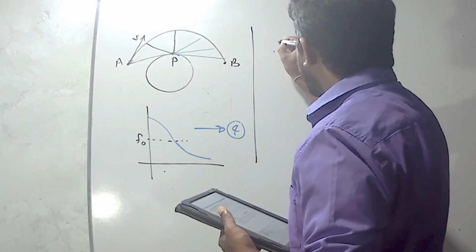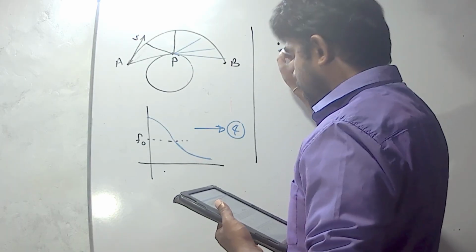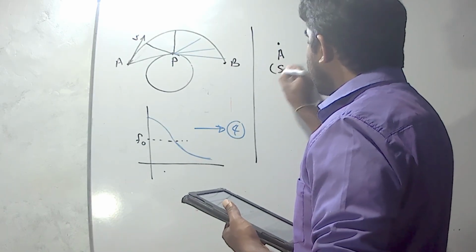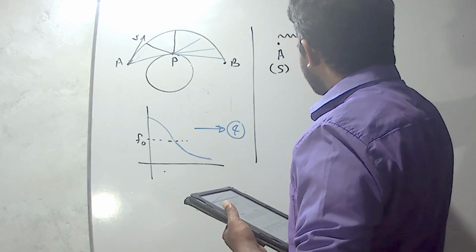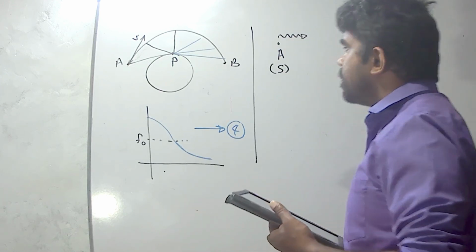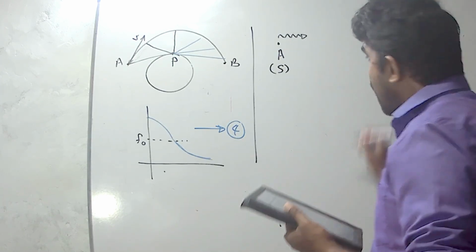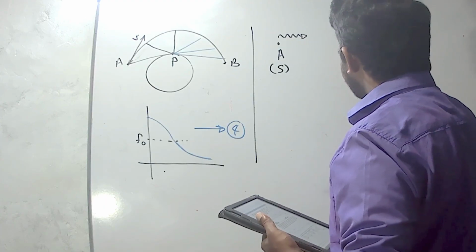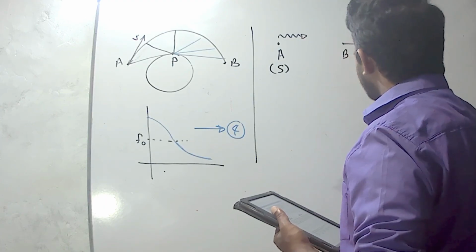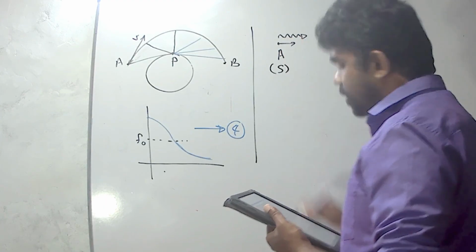For the initial situation, A is the source, wave is emitting in this direction, and B is the receiver. Both are moving in the same direction.